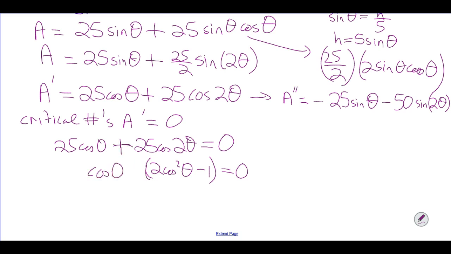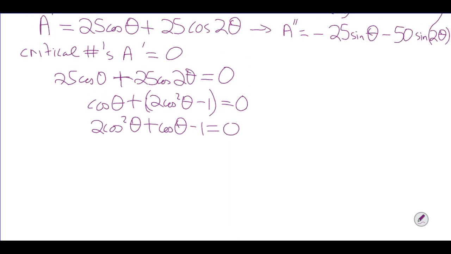So dividing both sides by 25 and replacing cos 2 theta with 2 cos squared theta minus 1, we now have 2 cos squared theta plus cos theta minus 1 equals 0.